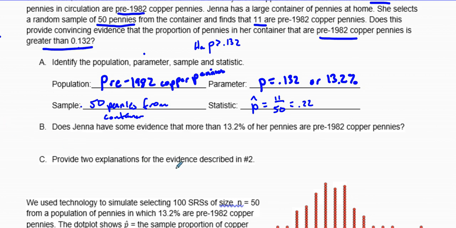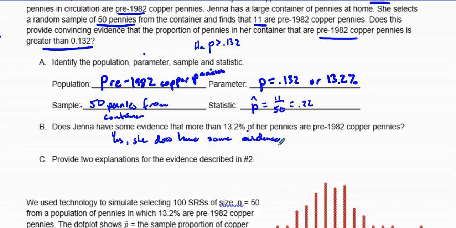If the answer is no, then it was just done by chance. If yes, she does have some evidence.